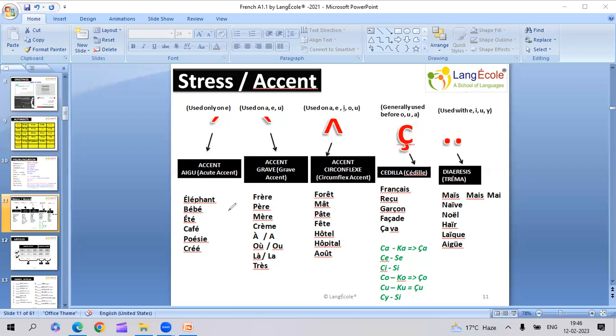This accent you will find on those words where, I was telling you about a YouTube video on our link, where you'll find the effect of the English language on French or the French language on English. During the time when French people ruled England, the southern part, many words from English came to French and many words from French went into English.